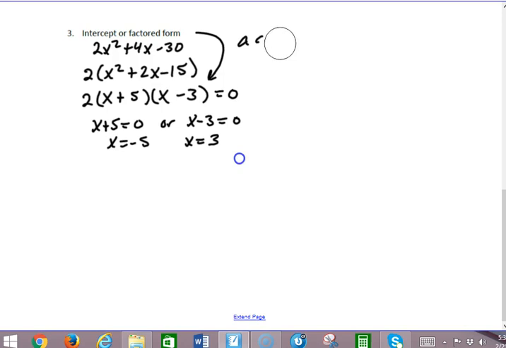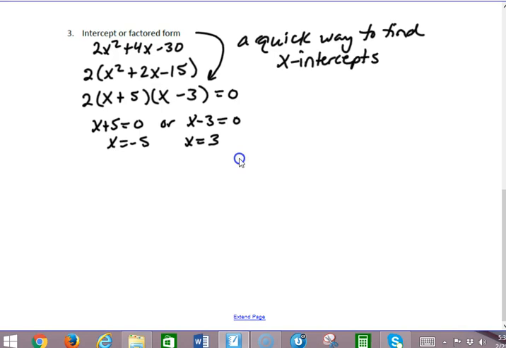So let me write this in a legible manner here. So a quick way to find the x-intercepts. And as we talked about on the worksheet yesterday, once you know the x-intercepts, the x-coordinate of the vertex is halfway between the two x-intercepts.